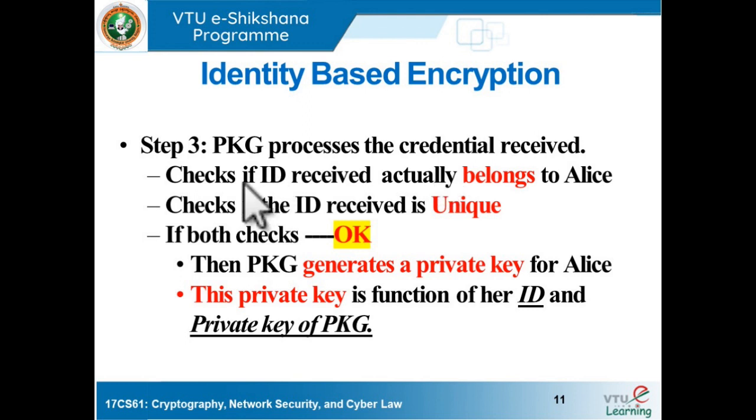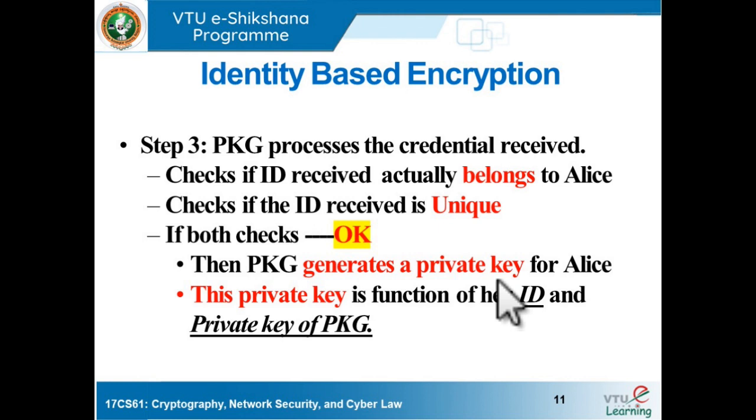It first checks whether the email ID that is provided by Alice actually belongs to Alice. Once that is checked, it also checks if this ID which is provided by Alice is unique. Moving further, after these two checks, if they are satisfied, then the private key generator generates the private key.